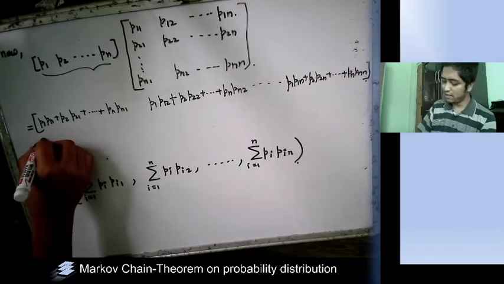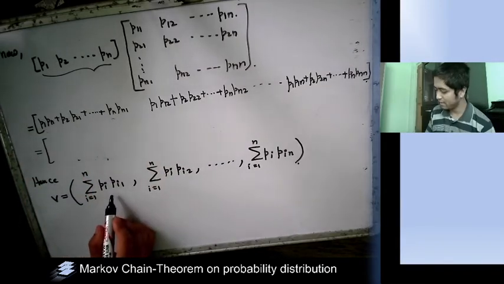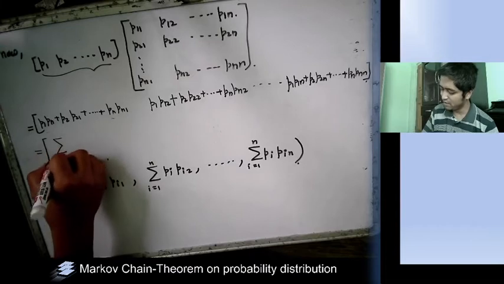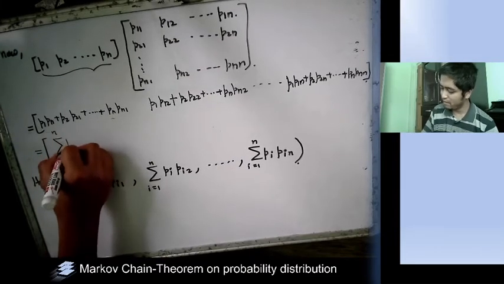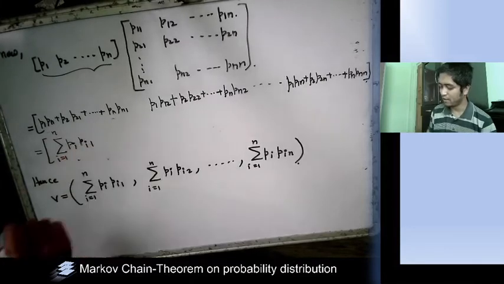So this one and this one are actually the same thing. It will be the summation from i equal 1 to n of pi pi1.